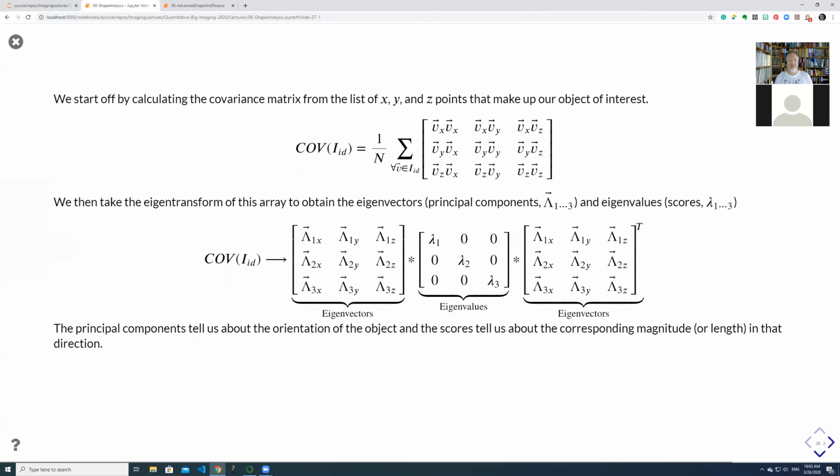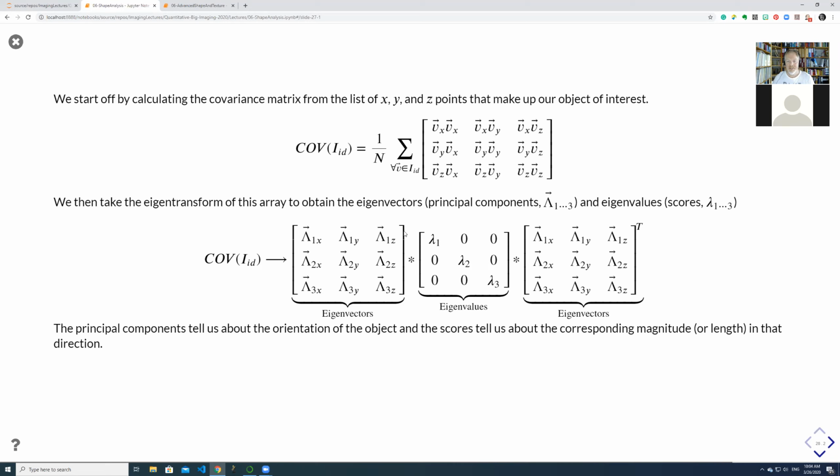And looking at some math, the covariance matrix would be the vectors of X and Y and Z coordinates, and they are multiplied with each other to get this correlation matrix. And if you run the eigenvector decomposition, you would get 2 matrices, one with the eigenvectors and one with the eigenvalues.